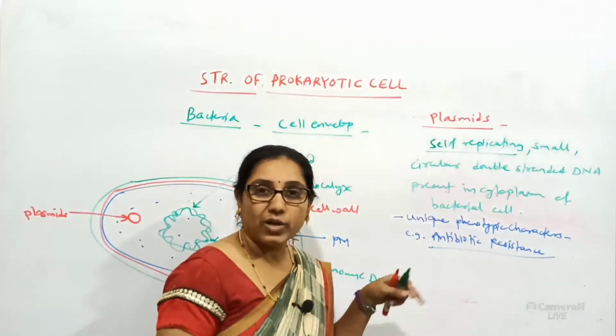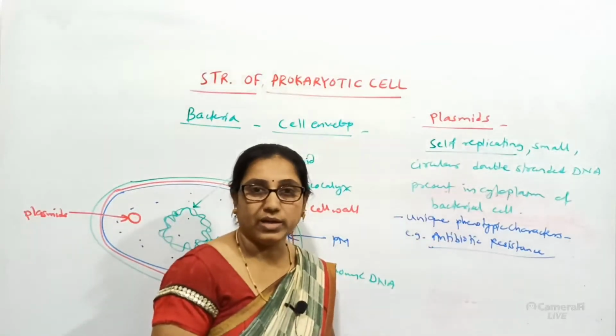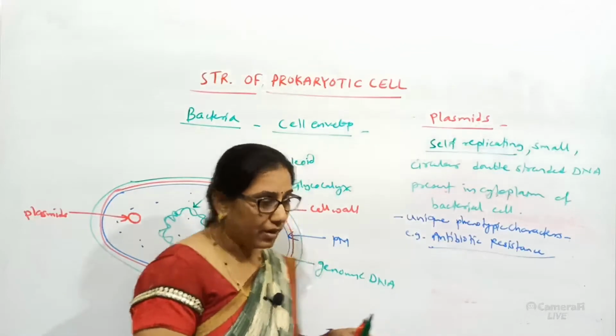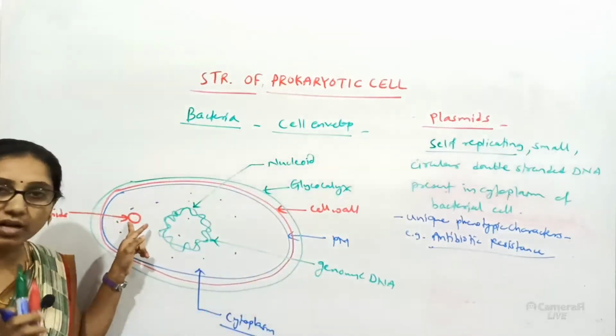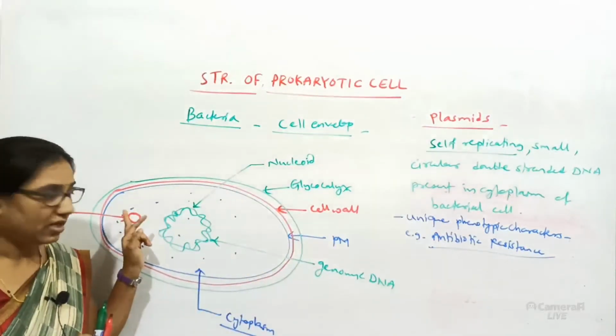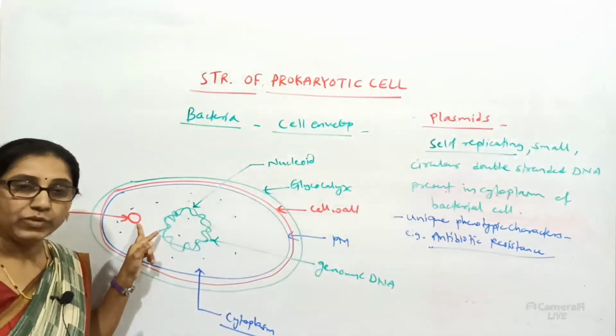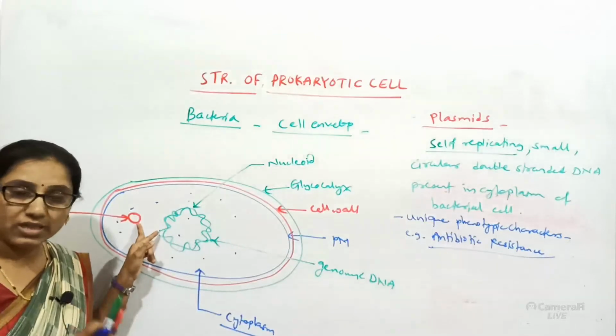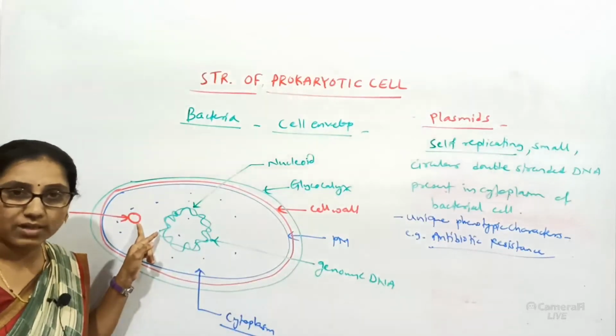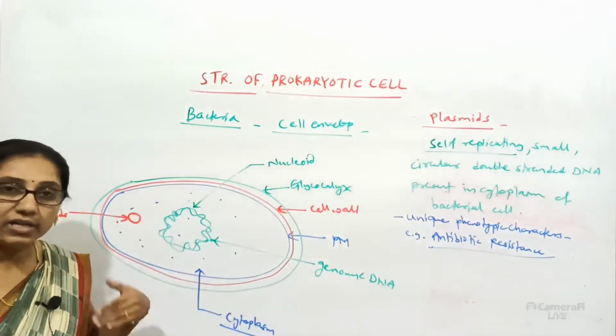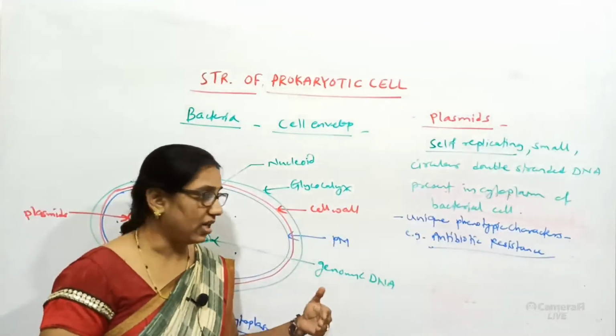Usually bacteria do not grow in a medium containing antibiotic, but these plasmids contain certain genes. The plasmid is nothing but DNA. What does this DNA show? This DNA shows the presence of some characters that provide resistance against the antibiotic.